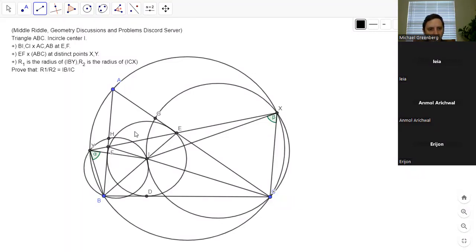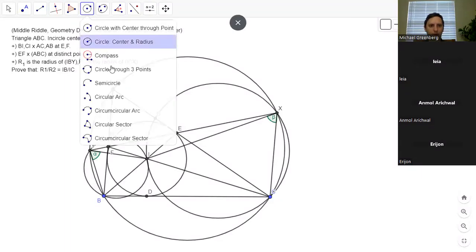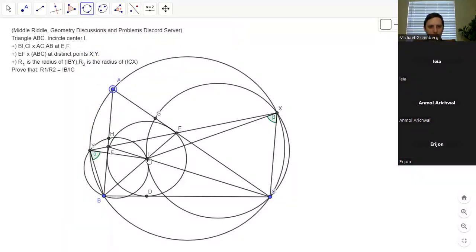So I was thinking about the power ratio lemma. Wonder if there's anything special about this circle.